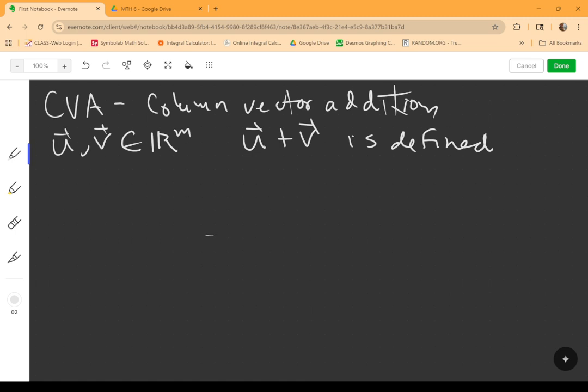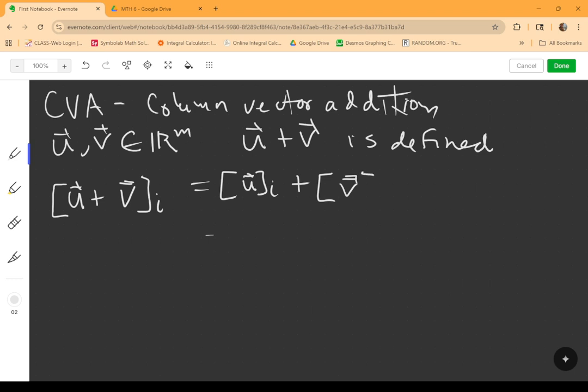So here is the notation, for i between 1 and m. Again, it is defined element-wise.